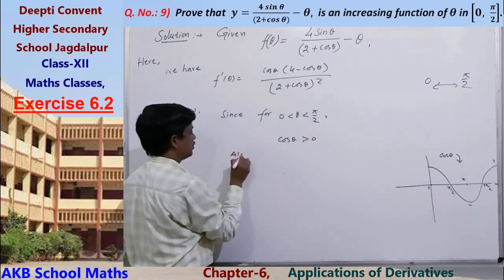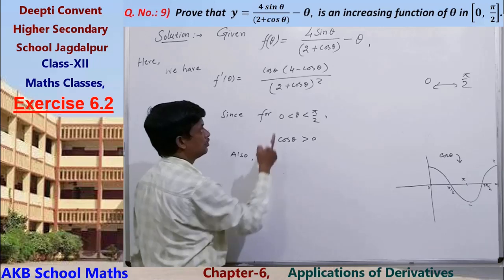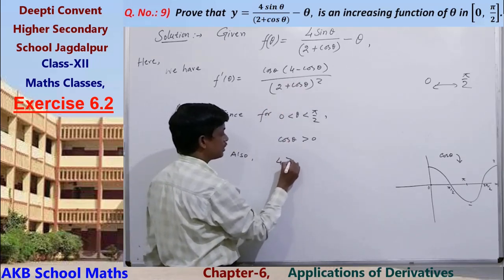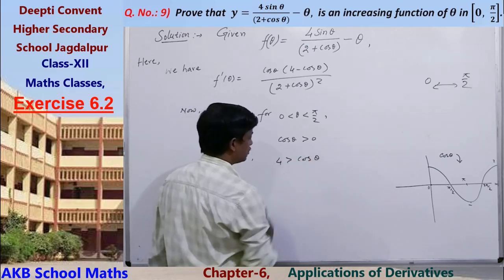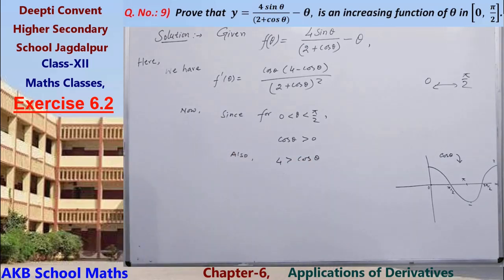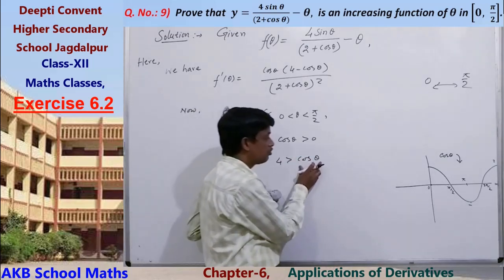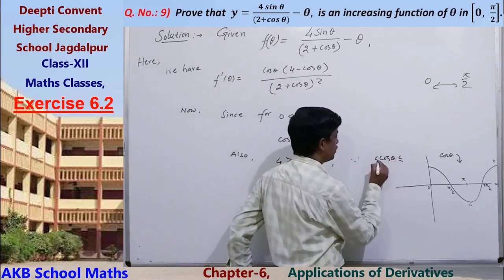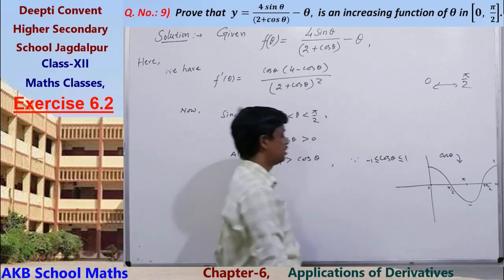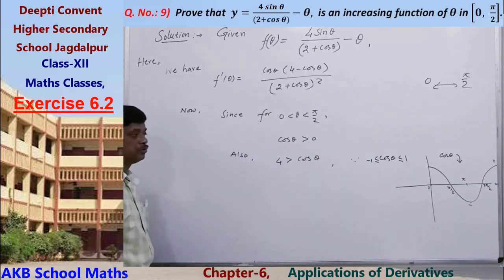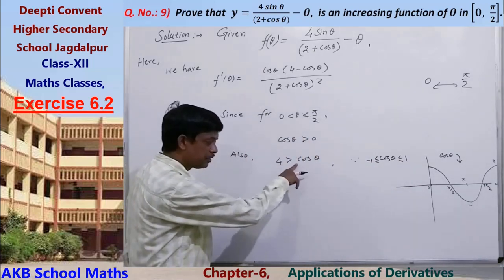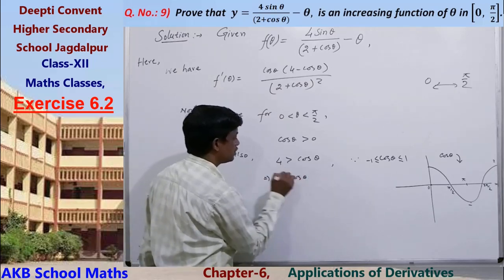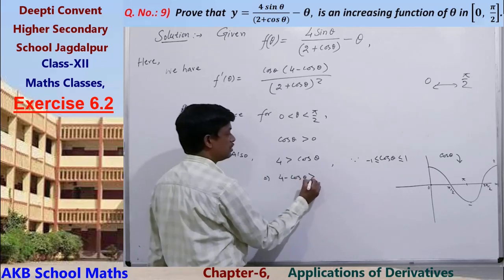Also 4 is greater than cos theta, because cos theta always lies between minus 1 to plus 1, so 4 is greater than cos theta, that is, 4 minus cos theta is greater than 0.